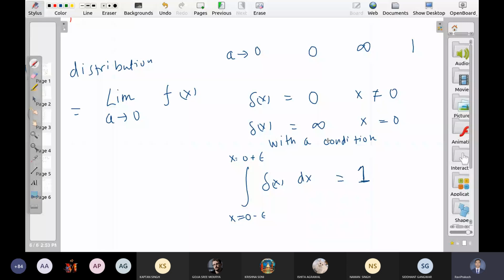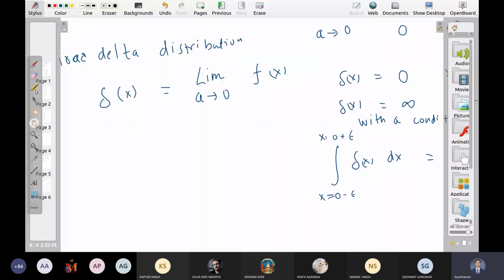If you ask me to plot this function or plot this distribution, it has this kind of behavior. So this is x-axis, this is y-axis, this is x is equal to 0 point, positive on this side, negative on this side. It is always 0.